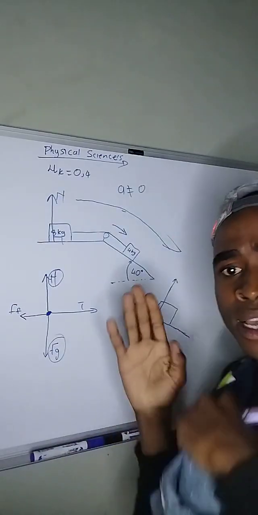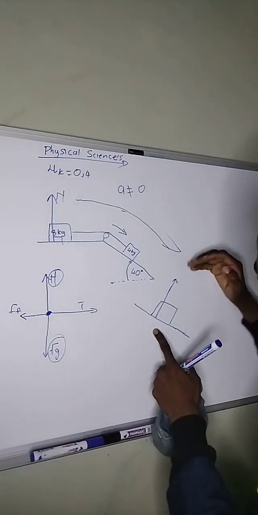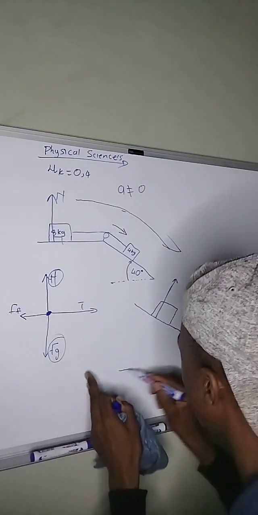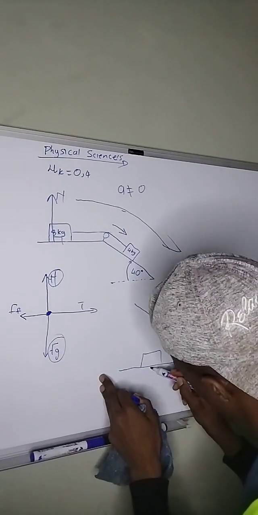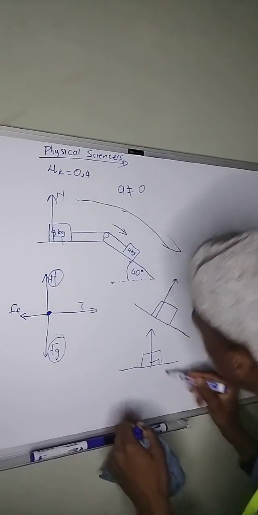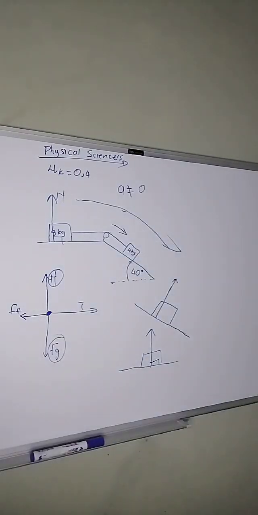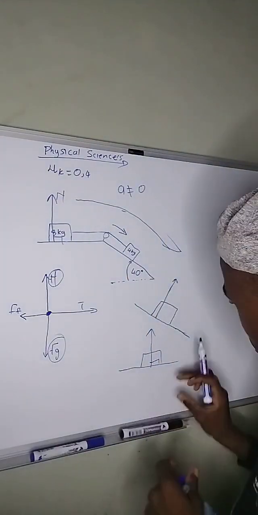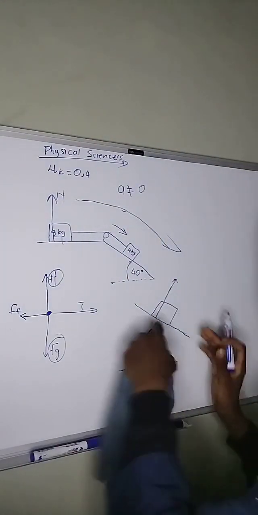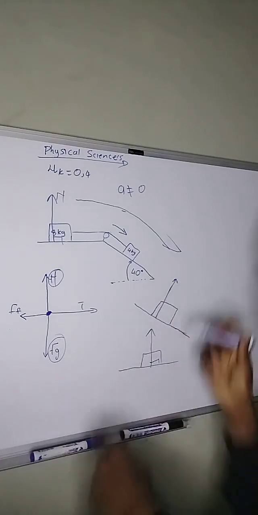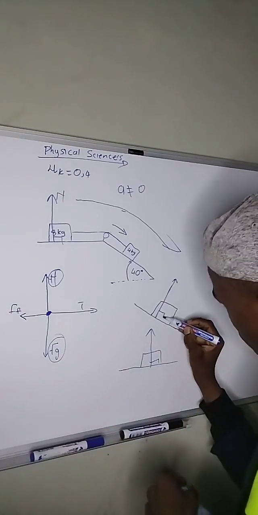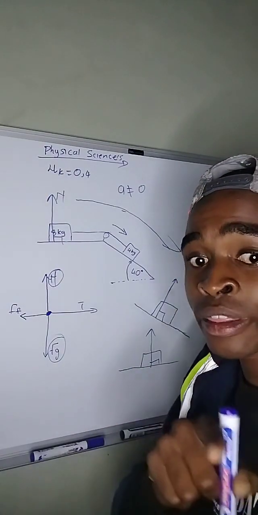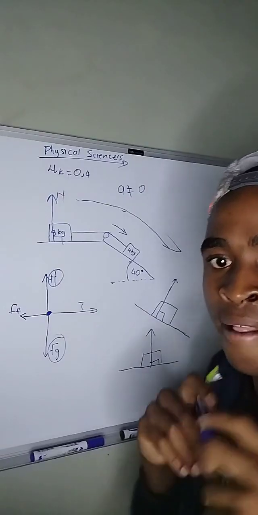Even though I take this and put it on the horizontal, my normal is going to be perpendicular to the surface. Perpendicular to the surface. You see, I'm still maintaining my 90 degrees in contact with the surface.